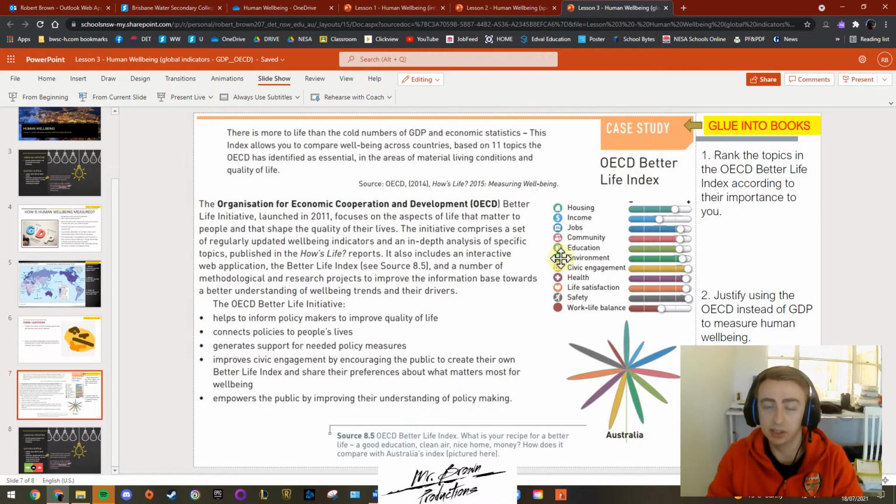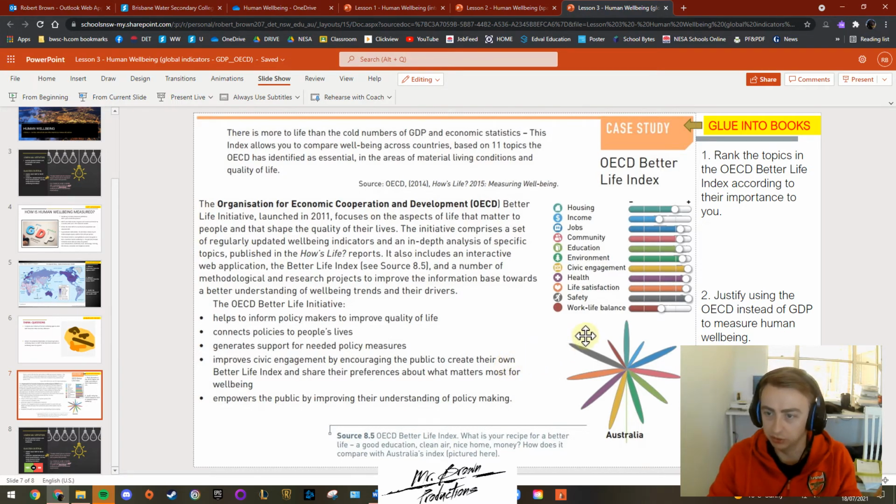A lot of these are essential things that we've looked at before, like housing, safety, your health. But there are some other things that are not essential to living, but it still measures, like work-life balance or civic engagement. These things are really important, but not necessarily essential for our everyday survival. But they still impact our well-being.